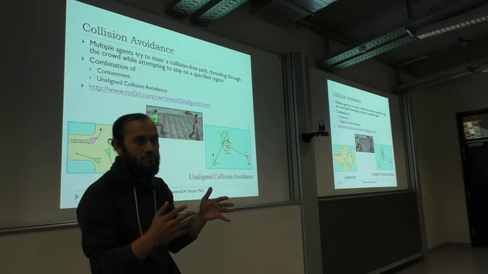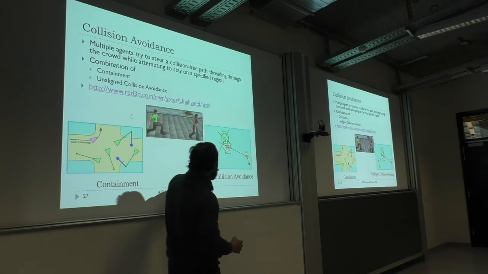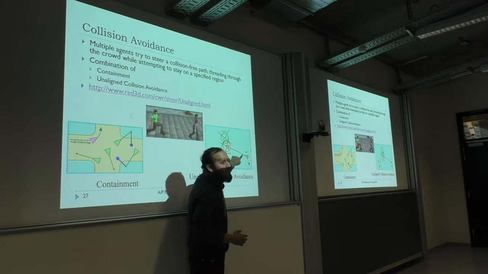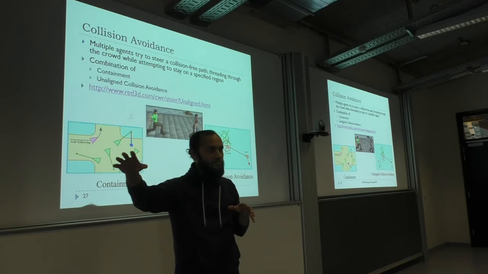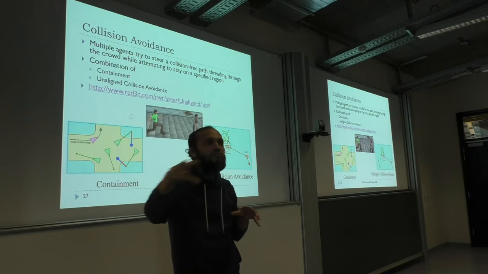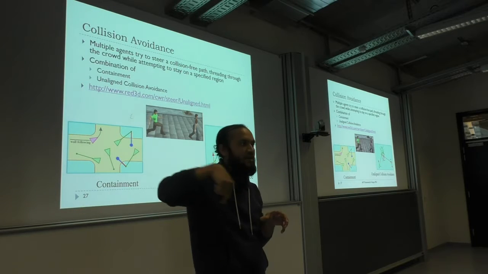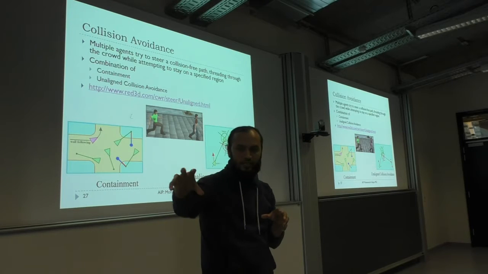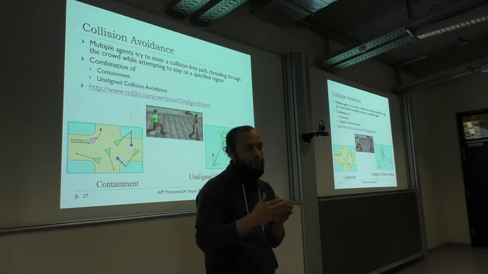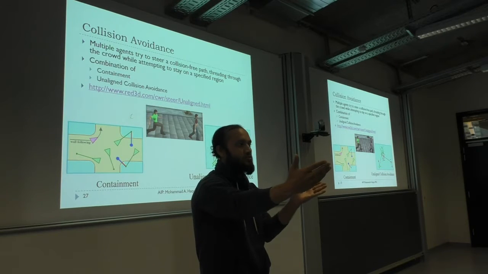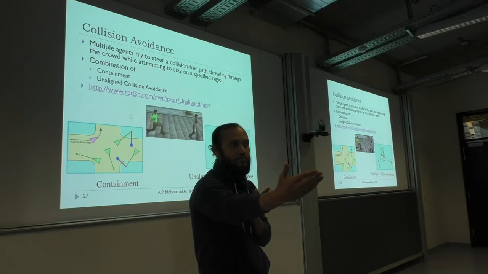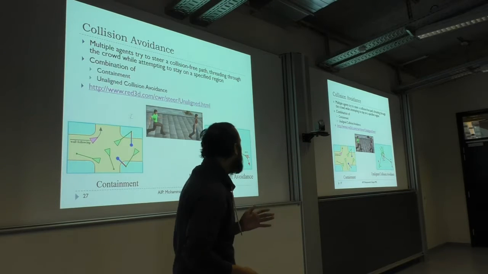What will they do? Your agent needs to calculate that if there is some other agent with this velocity in the environment, then what will be the future position of that agent within my neighborhood? Then if it seems that I will collide with him, I have to follow another route so that I will not collide with him. That is the idea.